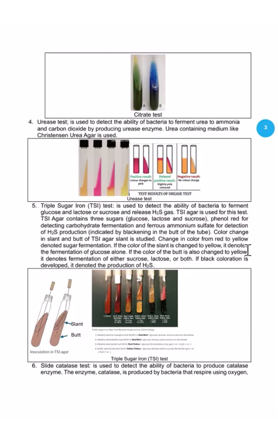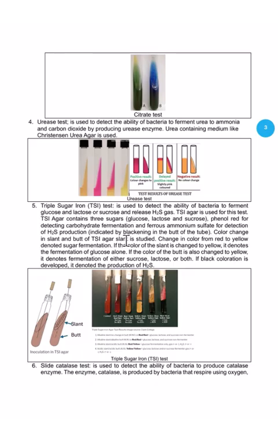The fifth type of biochemical test used in the lab is what we call the triple sugar iron test. From its name, triple sugar, that means this medium contains three types of sugars, which are glucose, lactose, and sucrose.